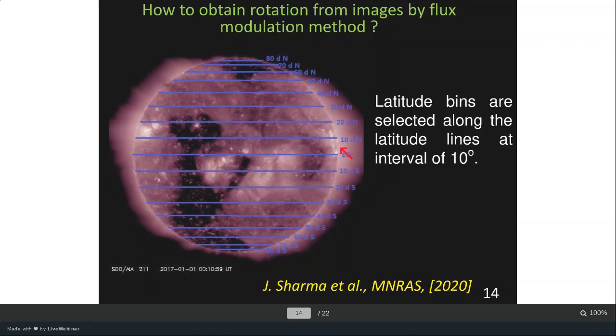We use a total of 365 images, that is, one year of images, and we can get a time series from 80 degree south to 80 degree north. This time series of the flux has information on rotational features, and the rotation period can be obtained from this flux.